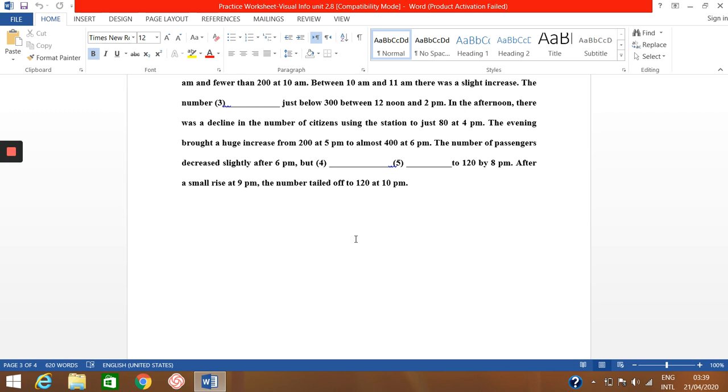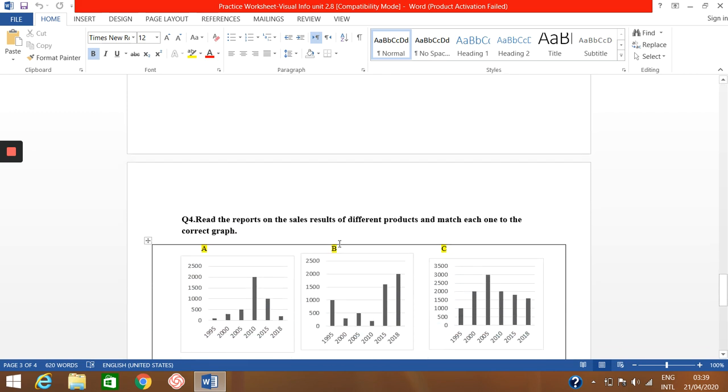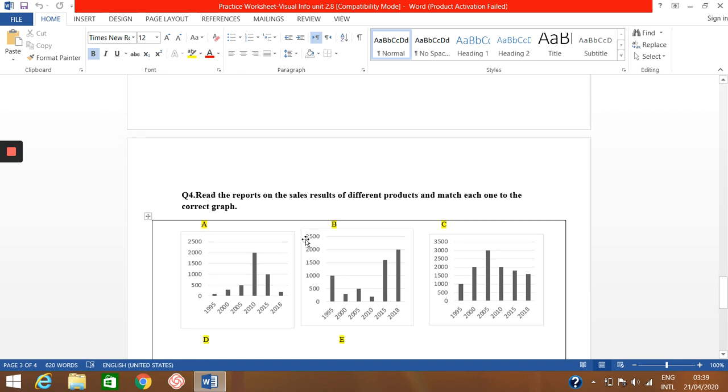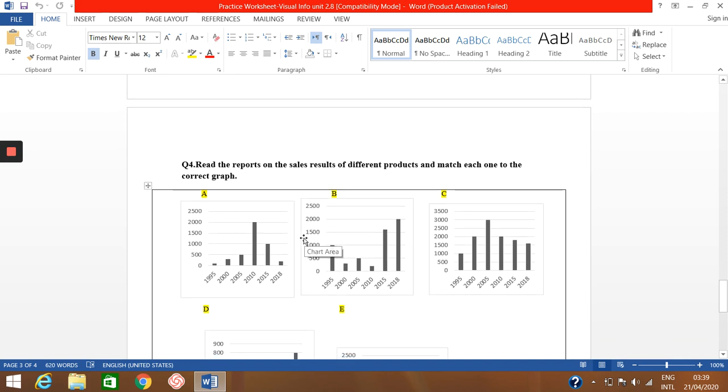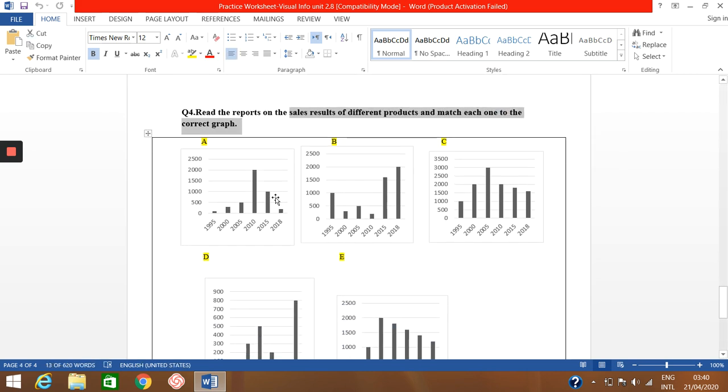Okay, the last part here is a bit more sophisticated exercise or practice. Let's start by reading the instructions here. It says, read the reports on the sales results of different products and match each one to the correct graph.